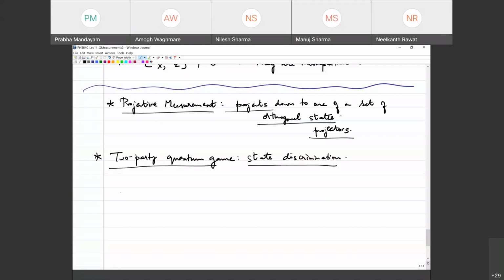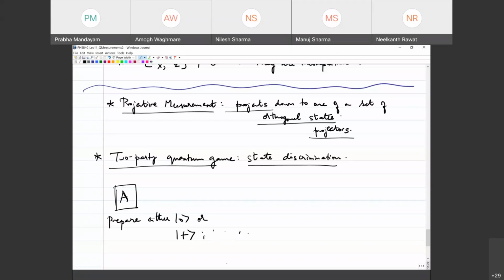I have two people. I don't like to call them Alice and Bob, so I will call them Anita and Bharat. I think that's the name I've used in your assignment as well. Anita is going to prepare either ket 0 or ket plus in her lab.